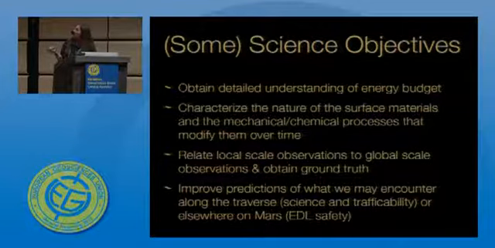Finally, we can use these integrated local and global observations to help us improve our predictions from the orbital data of what we might see not just along the MSL traverse in the future, but also what we might expect to find elsewhere on Mars, where thermal inertia, for example, is a parameter that's very highly sought after for understanding things like entry, descent, and landing safety at various landing sites around the planet.